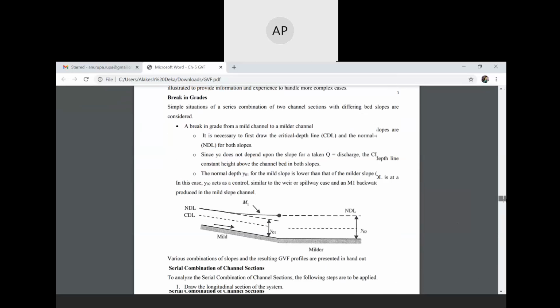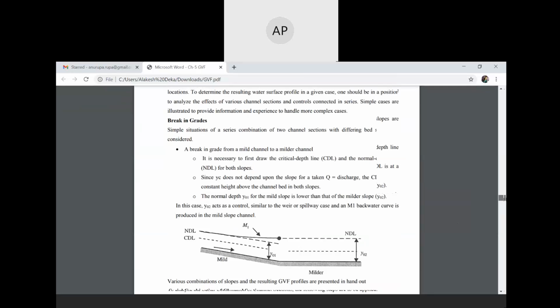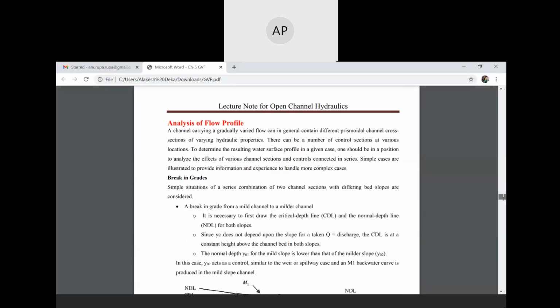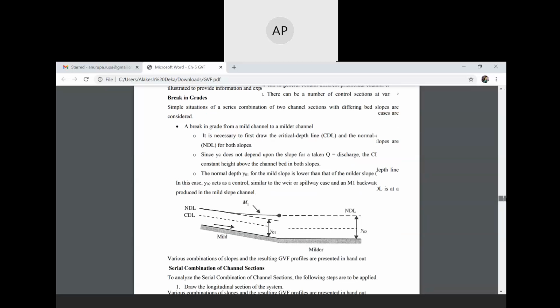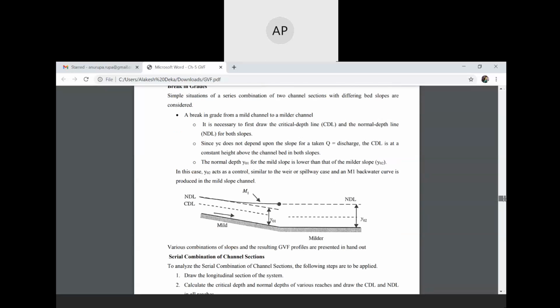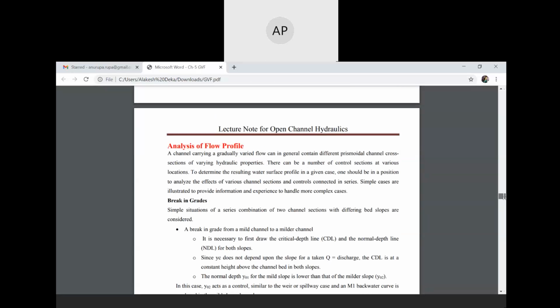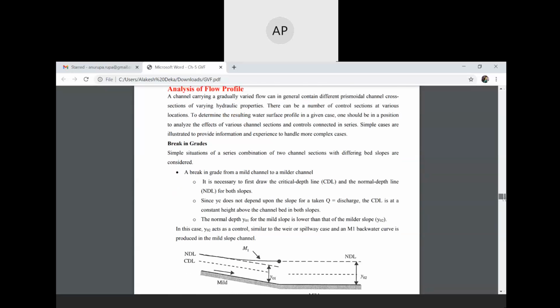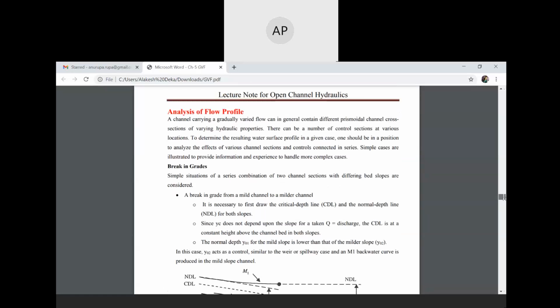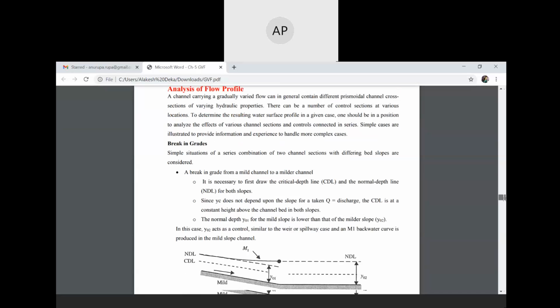Analysis of flow profile. So how can I analyze the flow profile? A channel carrying a gradually varied flow can in general contain different prismatic channel cross-sections with varying hydraulic properties. There can be a number of control sections at various locations.